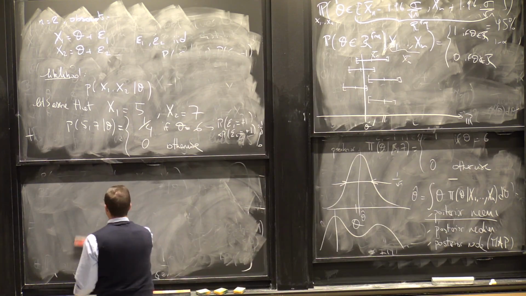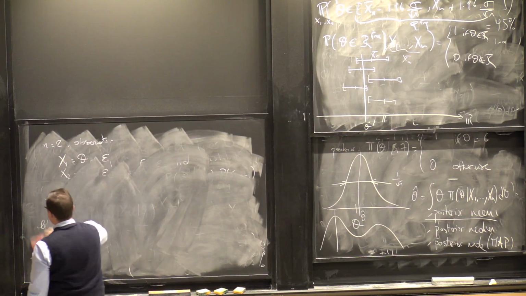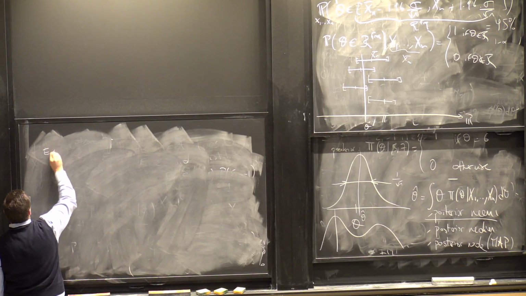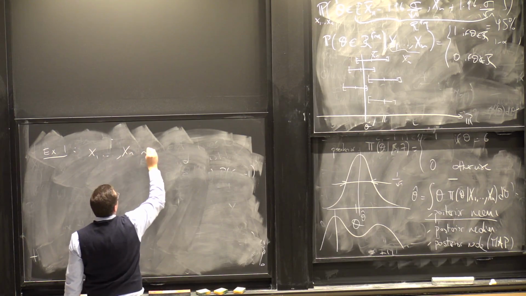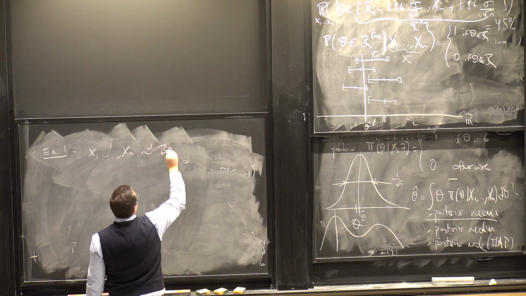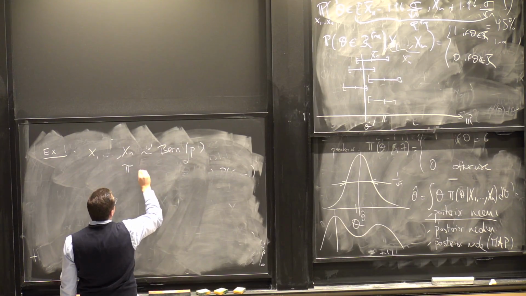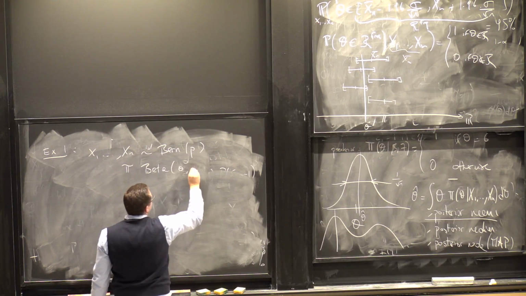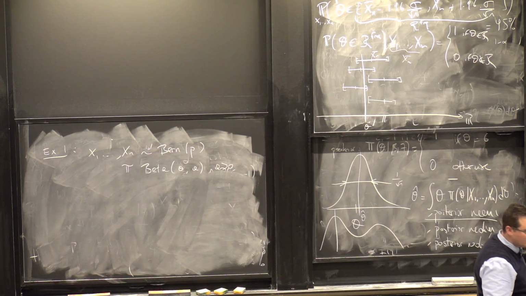Remember in example 1, what we had was X1, ..., Xn that were IID Bernoulli(p), and the prior I put on p was a beta with parameters a, a. And if I go back to what we computed, you can actually compute the posterior of this thing.